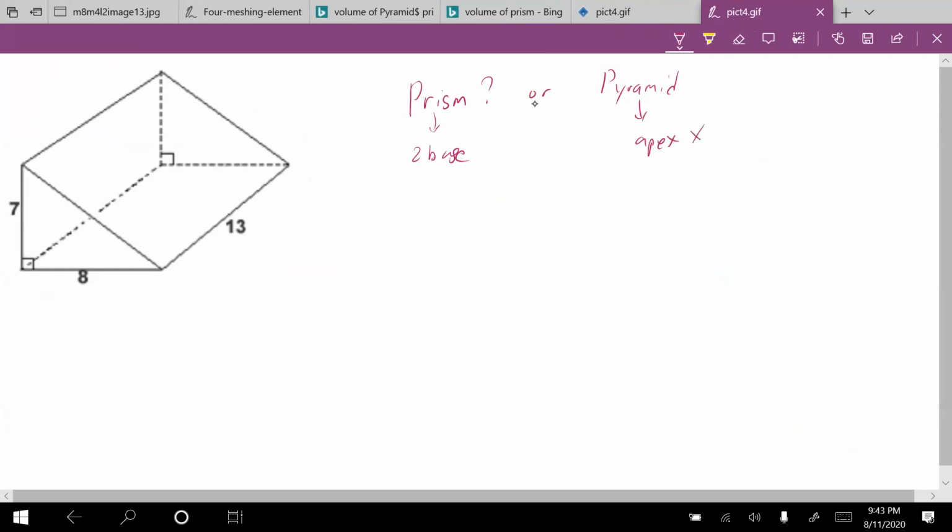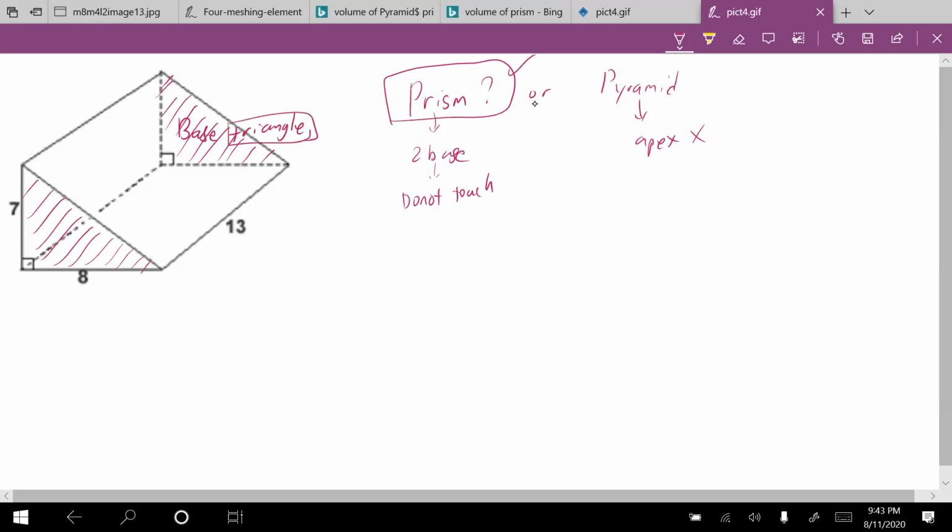We do not have an apex, and we have two bases that do not touch each other. So our bases will be this triangle. So that's a prism, right? Can we name this? Yes, because we know the shape of the base. The base is a triangle, so it's a triangular prism.